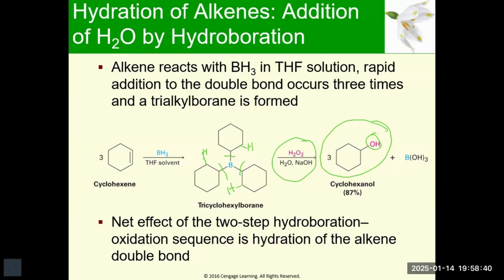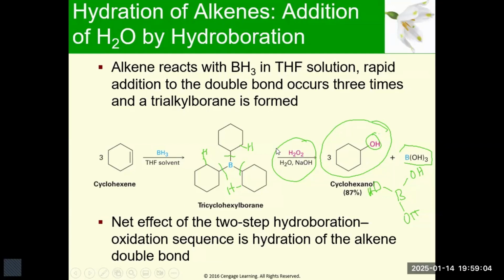And then if you notice with your boron, it's going to actually end up being this. Okay. And that is your answer. All right.